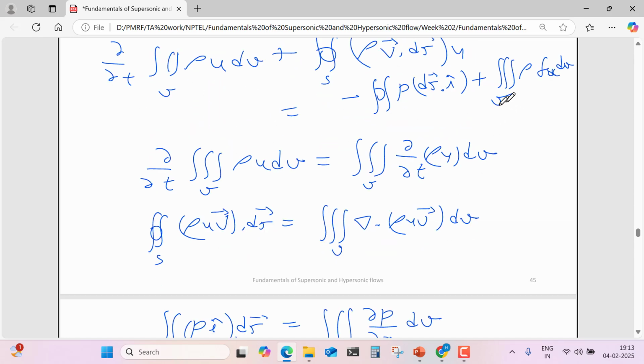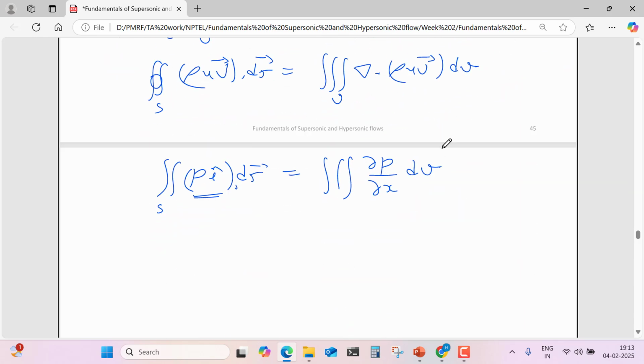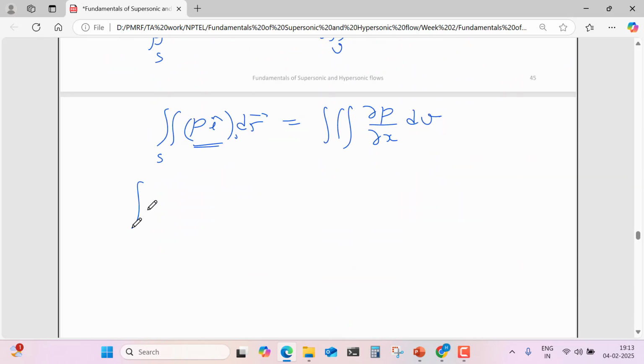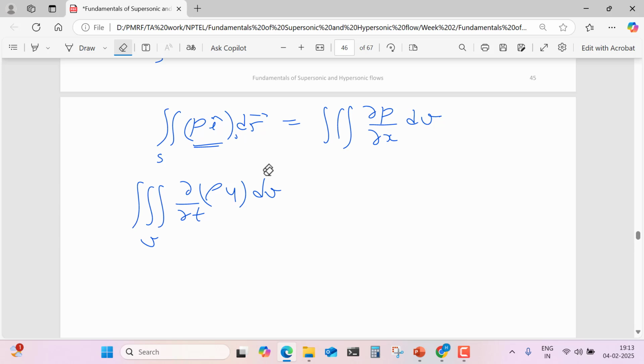The last term of volume will keep the same, so our equation will become triple integration ∂/∂t (ρu) dV. We'll take dV common also.